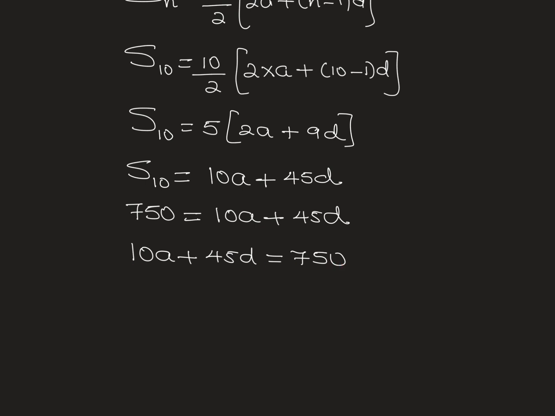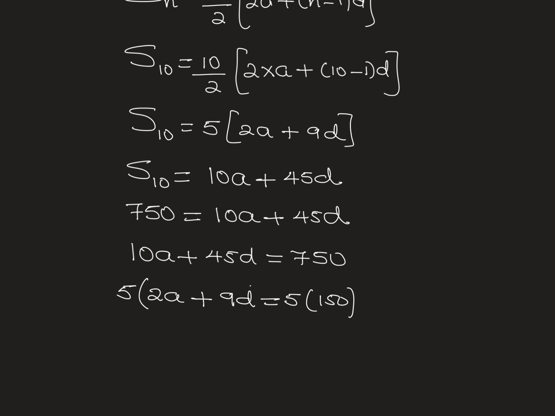If we factorize 5 out, that will be 5 into 2a plus 9d, since 5 times 2 gives 10 and 5 times 9 gives 45. And 750 divided by 5 is 150, so that is 5 into 150.